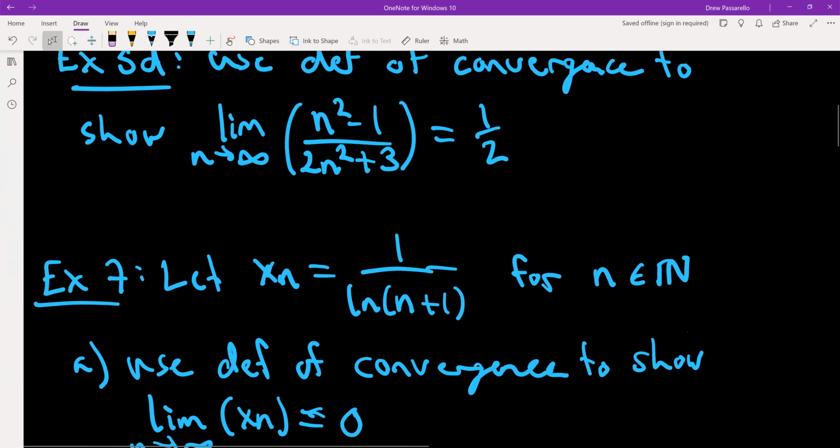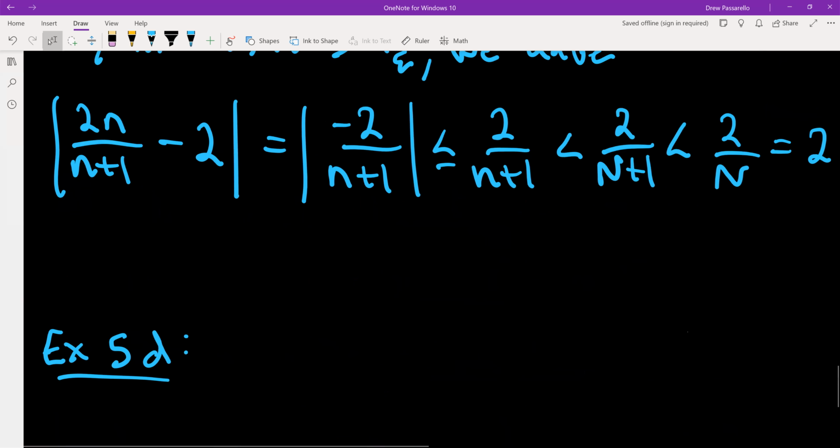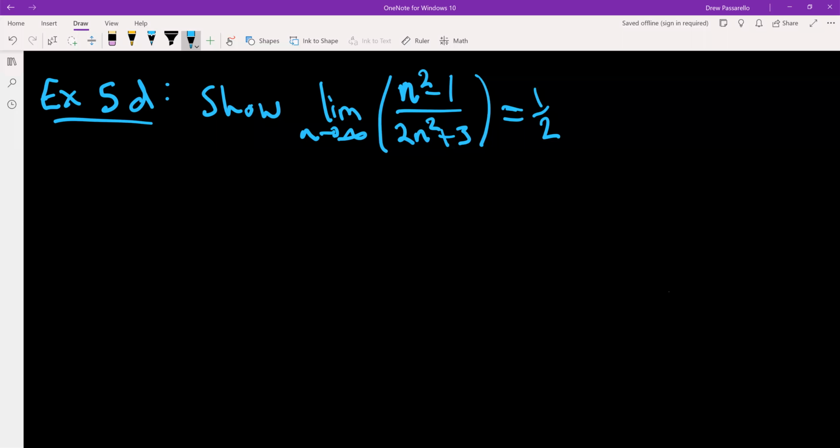So we're showing that the limit of n squared minus 1 over 2n squared plus 3 is equal to 1/2. Okay, so this is the problem.